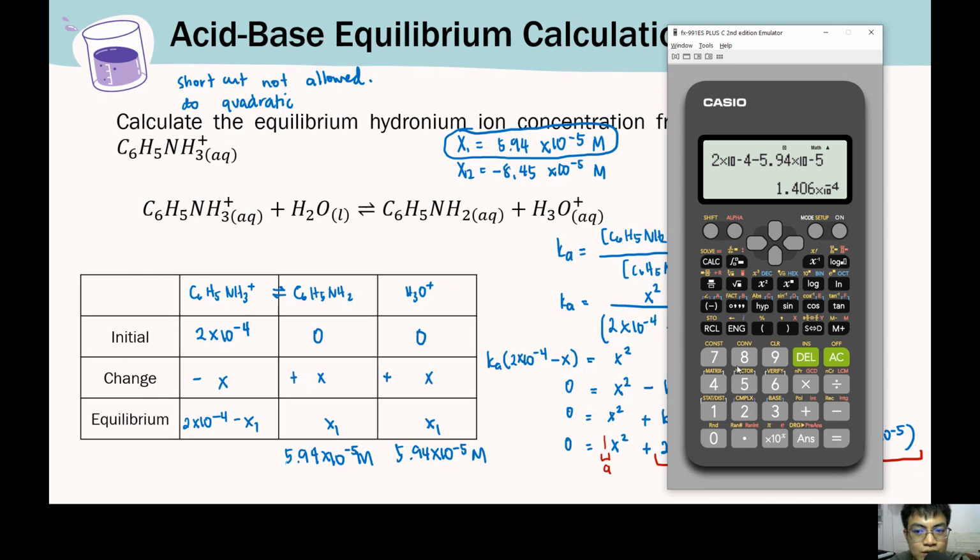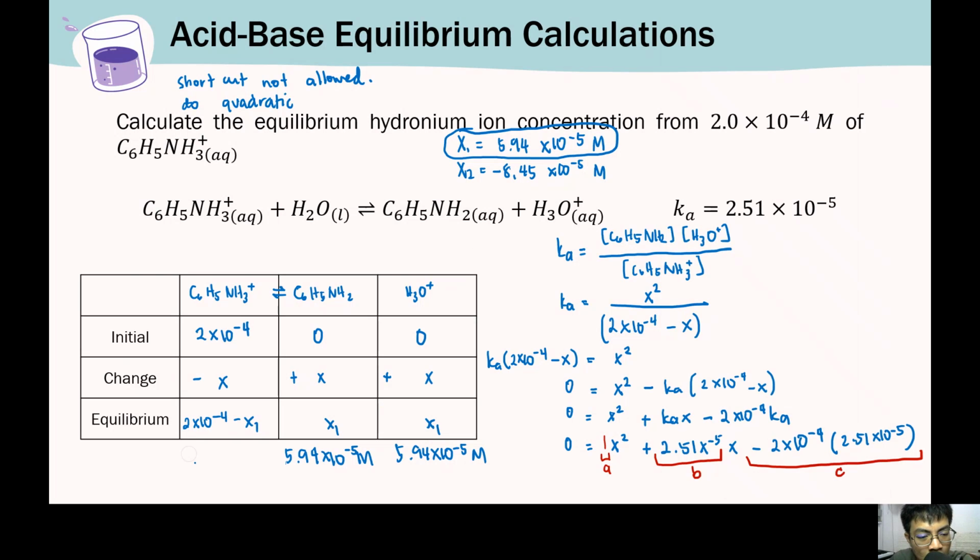So 1.406 times 10 raised to negative 4. Okay, so those are the concentrations at equilibrium.